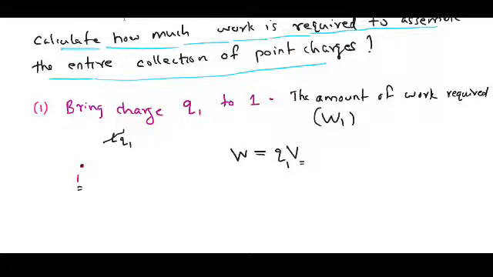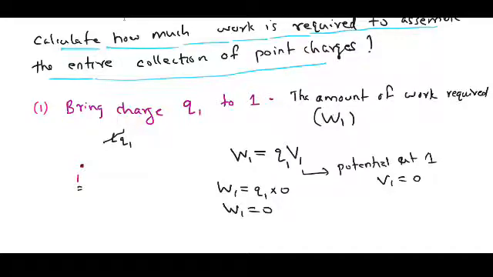Therefore, the potential at the point 1 will be 0. Specifically, we write V1, the electric potential at the point 1. V1 is equal to 0 because no charge is present there. Therefore, W1 can be written as Q1 into 0, that is, W1 is equal to 0.